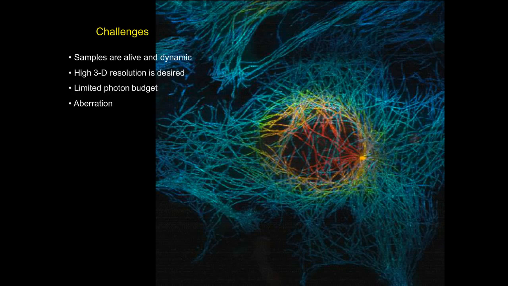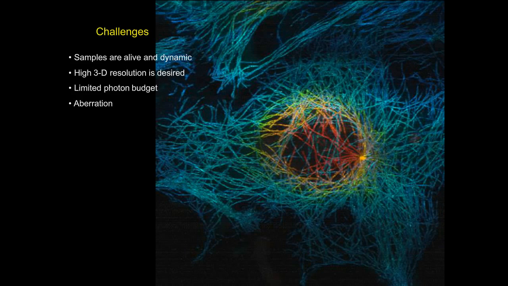Second, we really need 3D resolution, because now everybody is talking about 3D imaging, and most of the time in microscopy the axial resolution is the worst part. So at least we want to make an isotropic resolution in three dimensions.